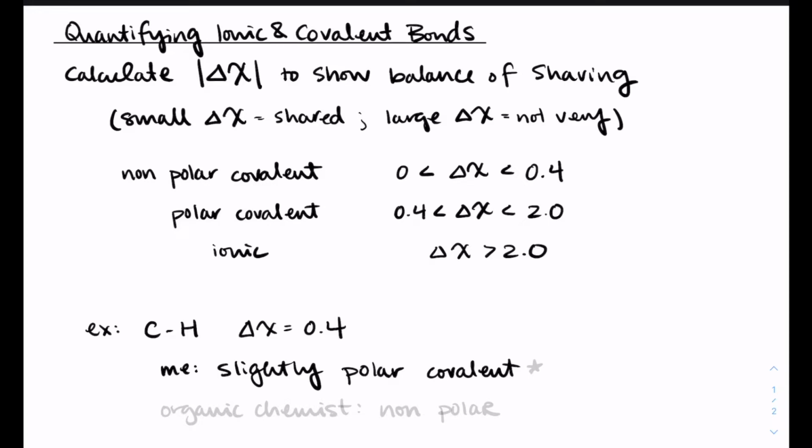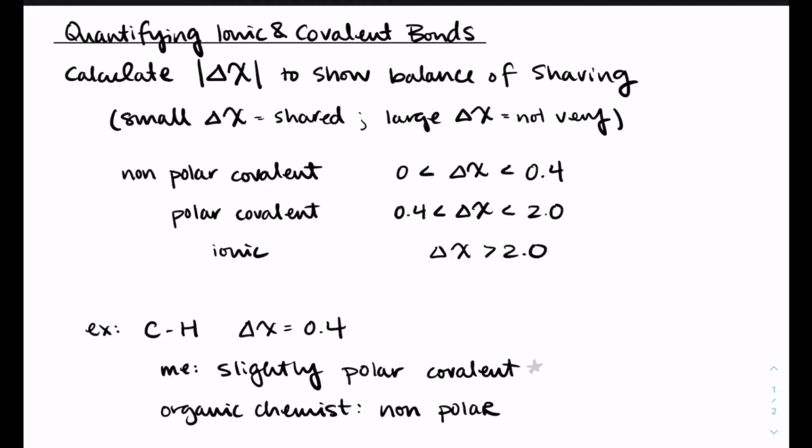So let's give a couple of examples. A carbon-hydrogen bond. Now, this has an electronegativity difference of exactly 0.4. And there's no less than or equal sign in this range. So my goal will be to never ask you explicitly about a carbon-hydrogen bond because in reality, what we say about this bond depends on the context. I would say it's kind of slightly polar covalent, on the borderline between nonpolar and polar.